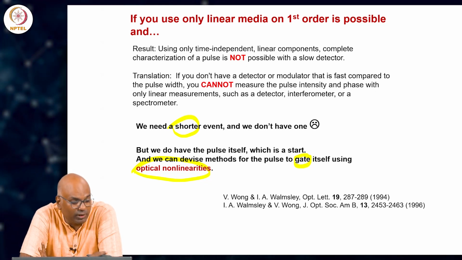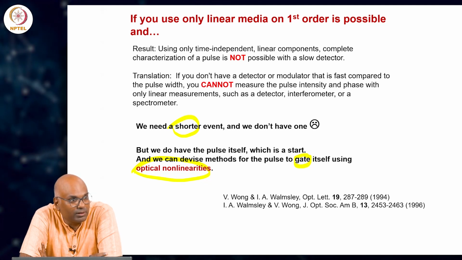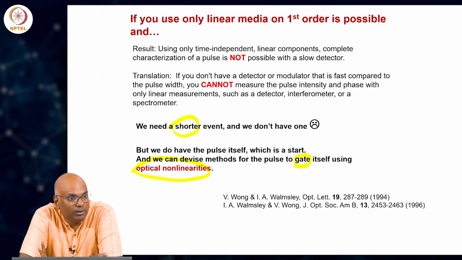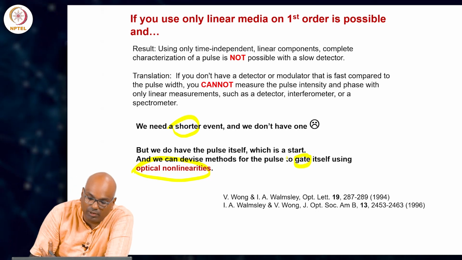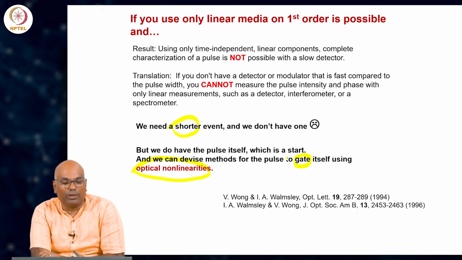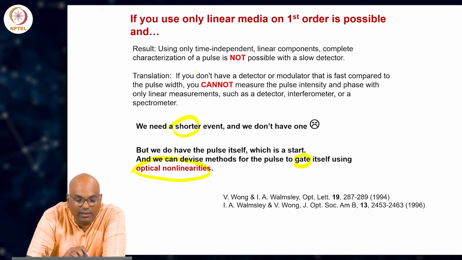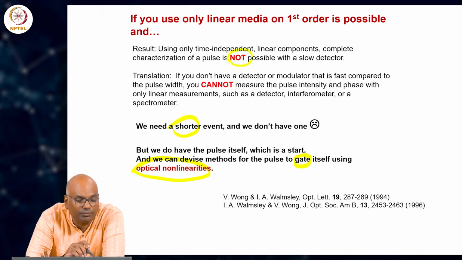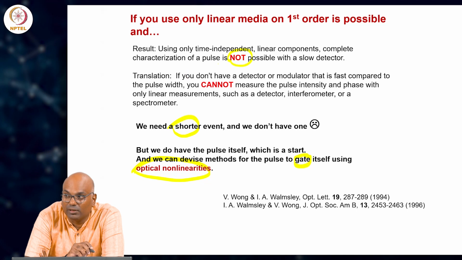But if you have non-linearity, then something else happens. You can get a signal using the pulse to create a gate on itself using optical nonlinearities, that is, have something shorter than the pulse of interest in order to calibrate the pulse of interest.